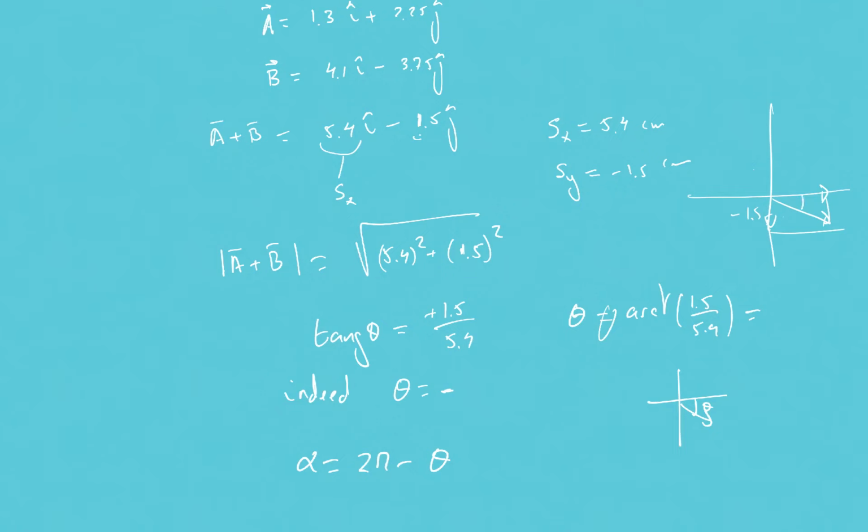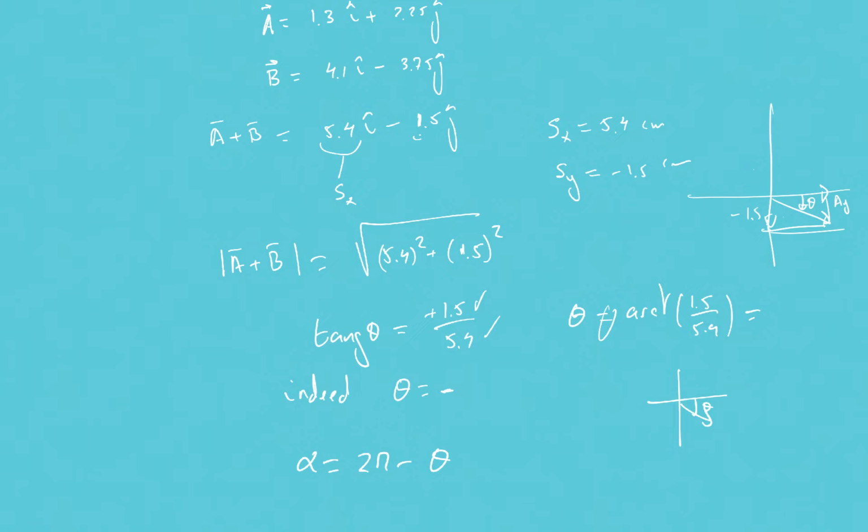If I'm going to find this angle theta, the tangent of theta is Sy divided by Sx. So the tangent of theta will be 1.5 divided by 5.4.